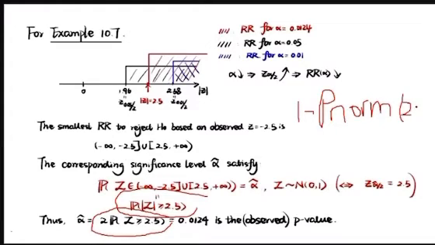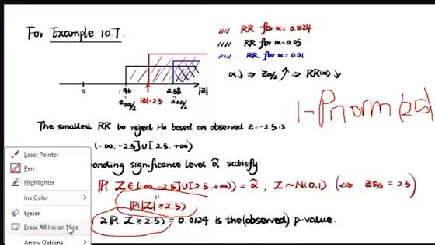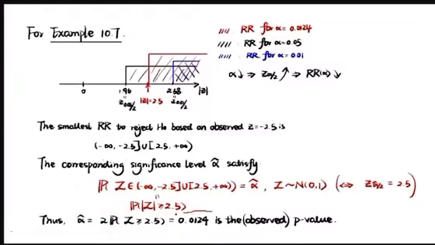If it is less than, it's just going to be pnorm of that particular value. Now you do 1 minus pnorm of 2.5, and whatever you get, you multiply by 2. That will give you 0.0124. So 0.0124 is my alpha cap, which is my p-value.